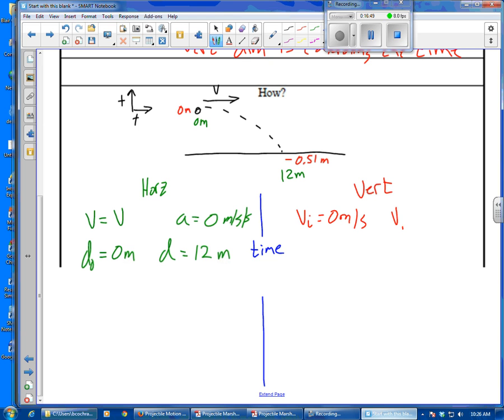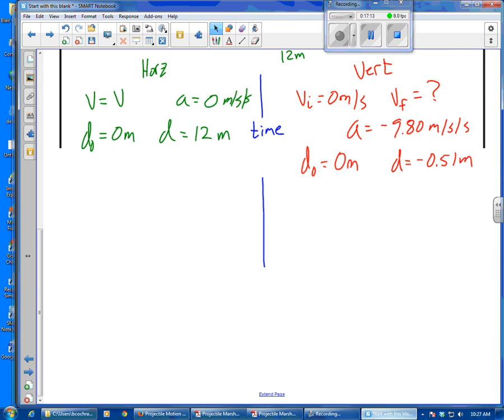My final velocity, no clue. But I know my acceleration is downwards, negative 9.80 meters per second per second. d0, you told me, was 0 meters. My d is negative 0.51 meters. So I've got down all my factoids.